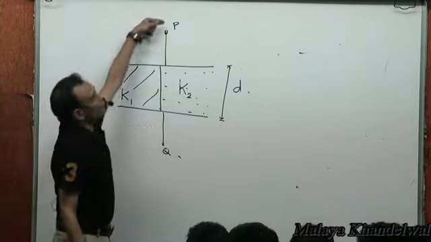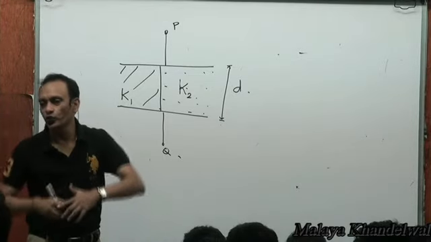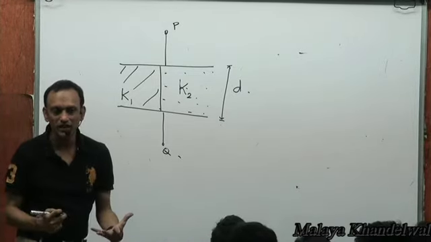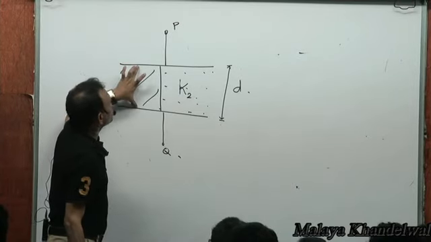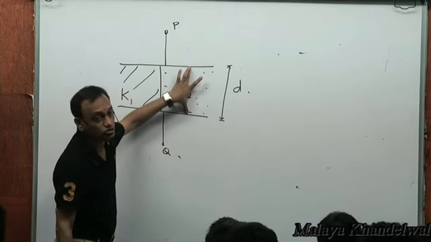Now, when I want to find the capacitance between P and Q, it's as if I'm going to connect a battery between P and Q. Then the drop across this unit is the same as the drop across this unit.